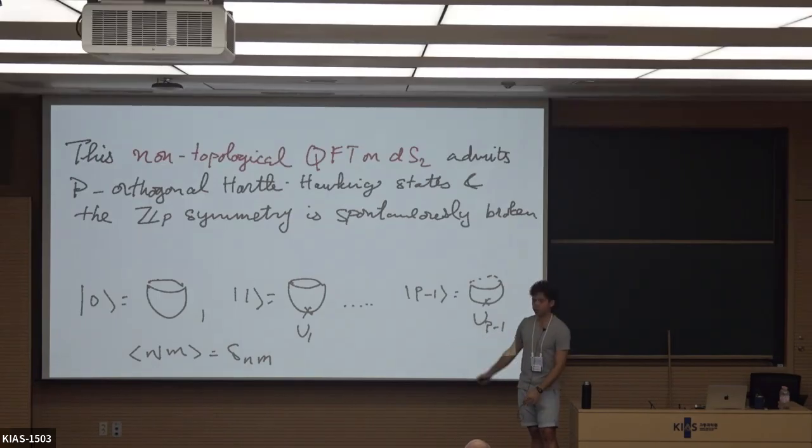So 0 would be inserting the identity in the Euclidean path integral. 1 would be inserting U1, and p minus 1 would be inserting UP minus 1. And these states are orthogonal. This is the way that we conclude that this theory has a spontaneous symmetry breaking of the ZP global symmetry.